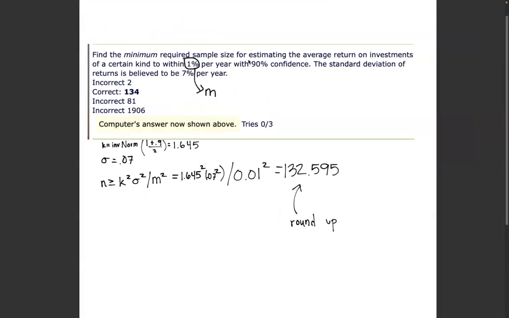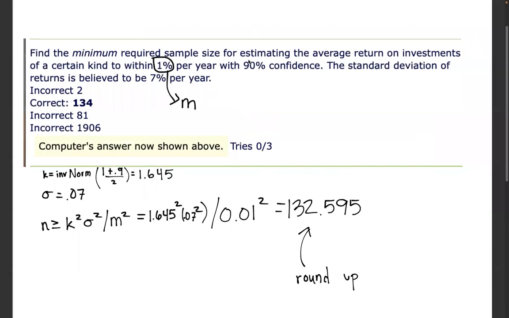Okay. Find the minimum required sample size for estimating the average return on investments of a certain kind to within 1% per year with 90% confidence. The standard deviation of return is believed to be 7% per year. So 1% is our margin of error.